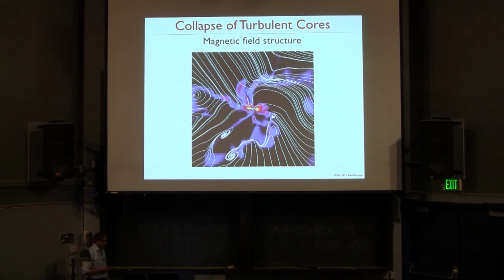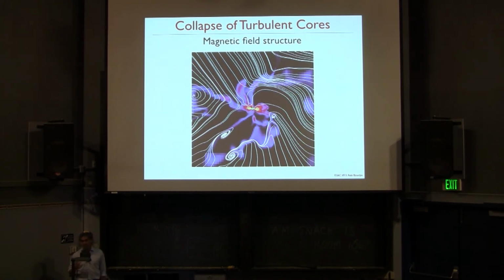For strong, efficient magnetic braking, your disk needs to be threaded by magnetic fields, which are then anchored into a medium which doesn't spin. And if you look at the magnetic field structure here, it doesn't look like anything you need for a strong magnetic braking effect. The field, of course, due to the turbulence, is highly tangled.